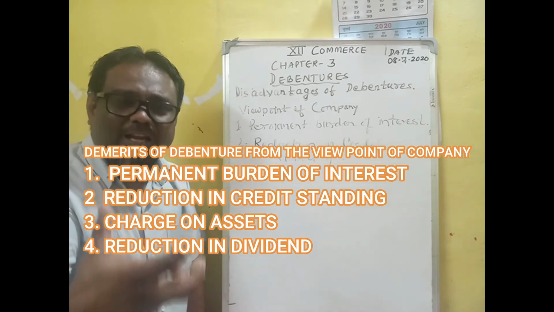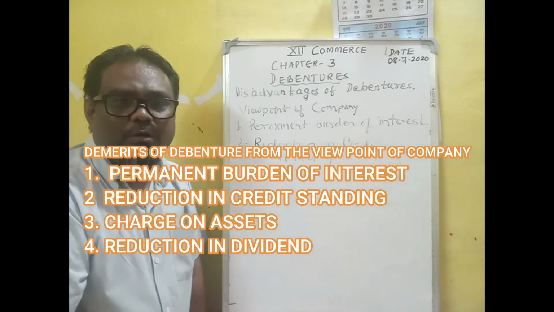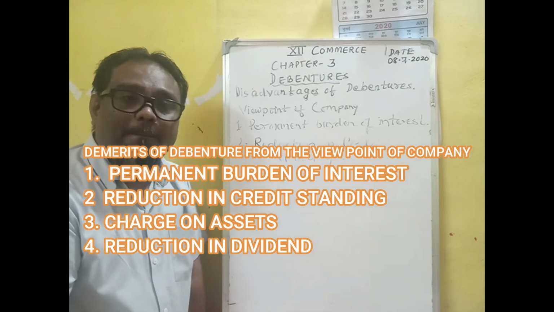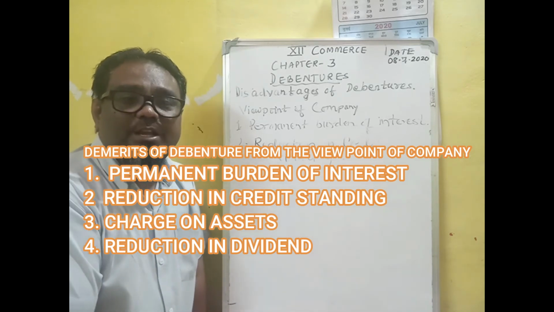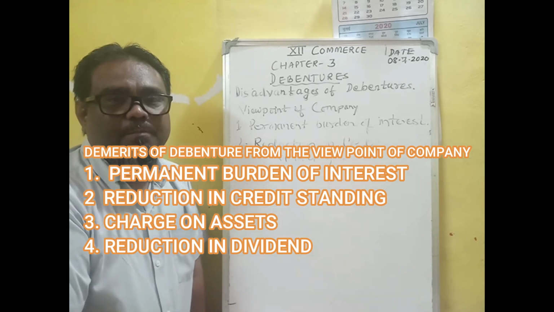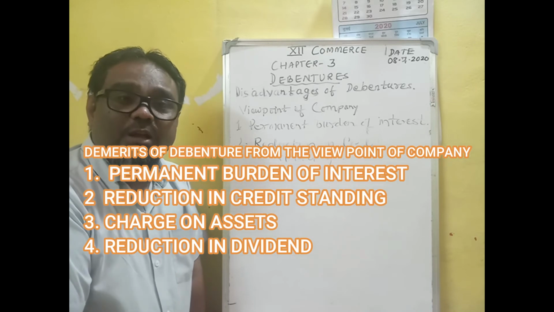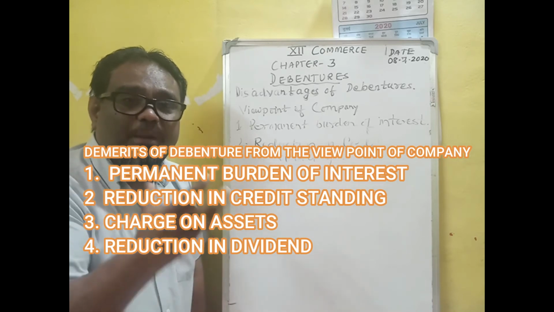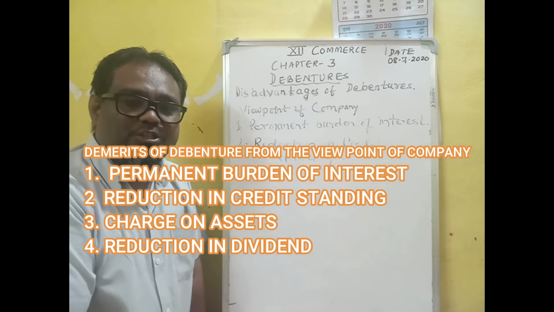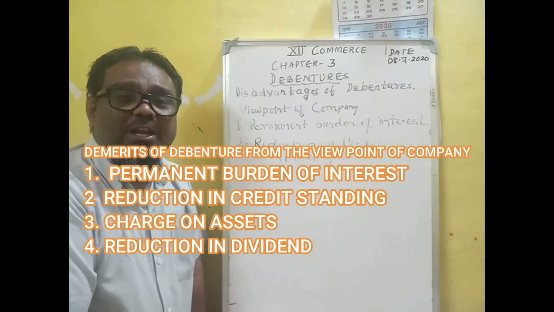In this way, the market value of the company may go down. The goodwill, the reputation of the company may go down because the company is declaring a very small amount of dividend. When the company is earning less profit, a major portion of the amount is going to pay the interest on debentures, so very little dividend is issued to the shareholders.